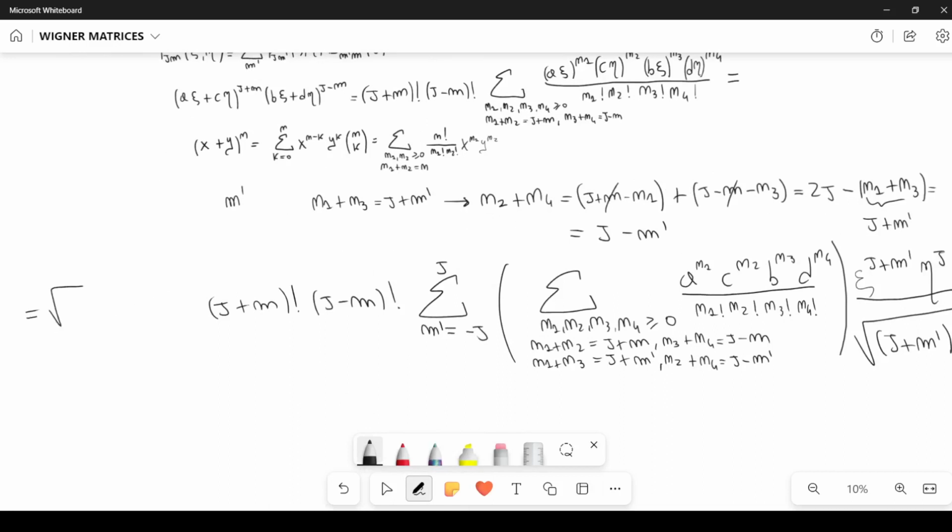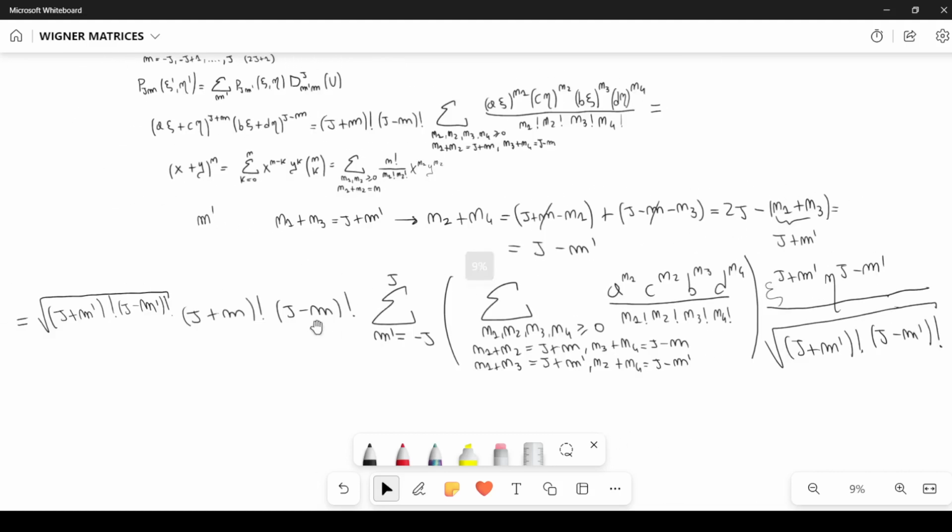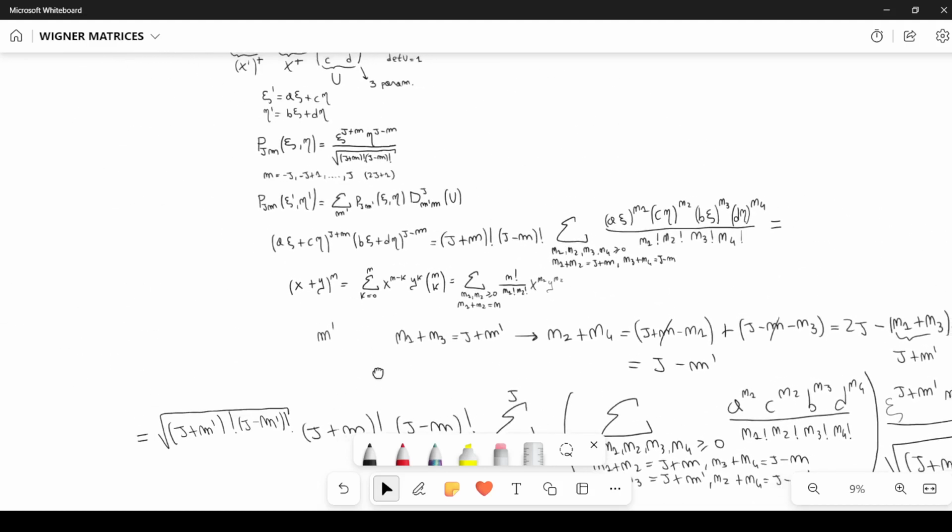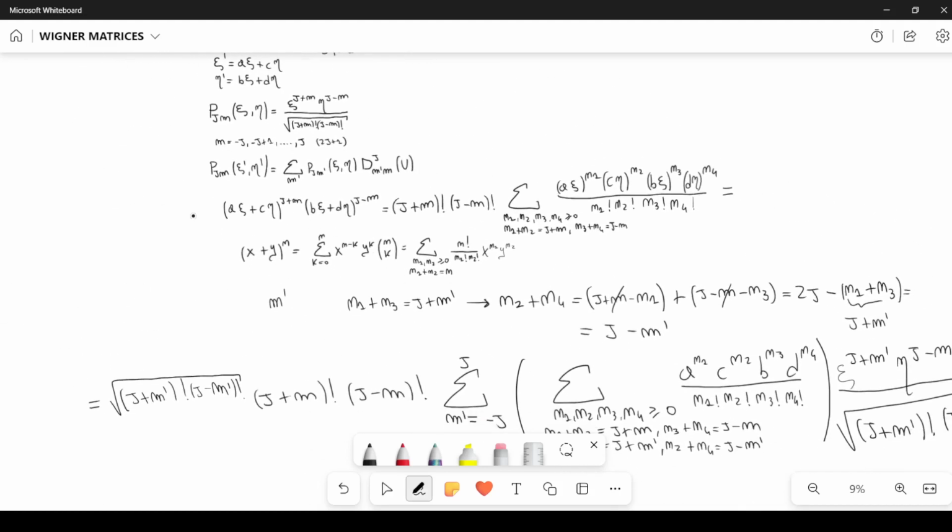So here I have the square root of j plus m prime factorial, j minus m prime factorial, and then I also have to divide the quantity that we have on the left, which is this one. We have to divide it by the square root of j plus m factorial and j minus m factorial.